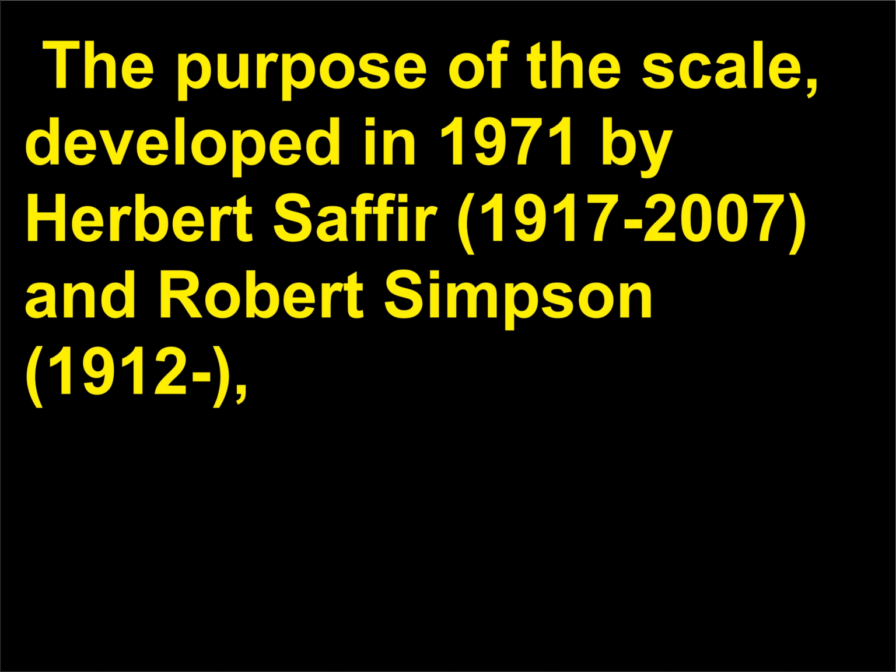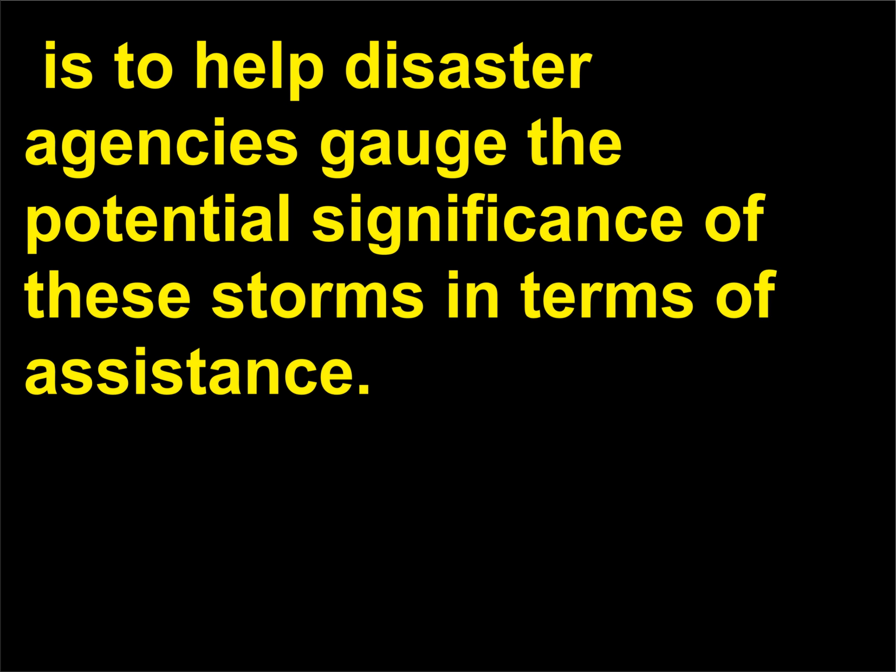The purpose of the scale, developed in 1971 by Herbert Saffir, 1917 to 2007, and Robert Simpson, 1912, is to help disaster agencies gauge the potential significance of these storms in terms of assistance.